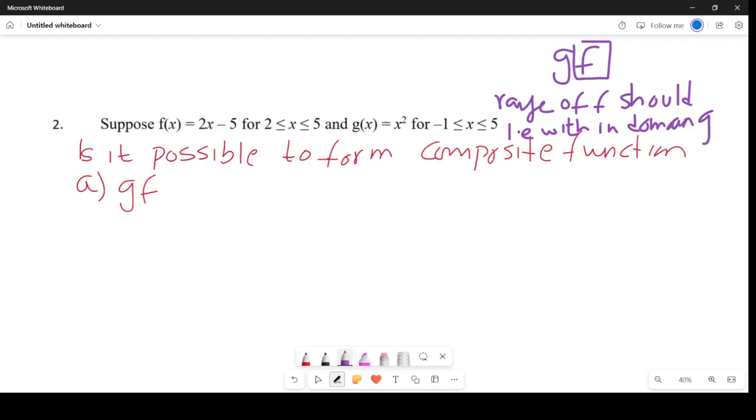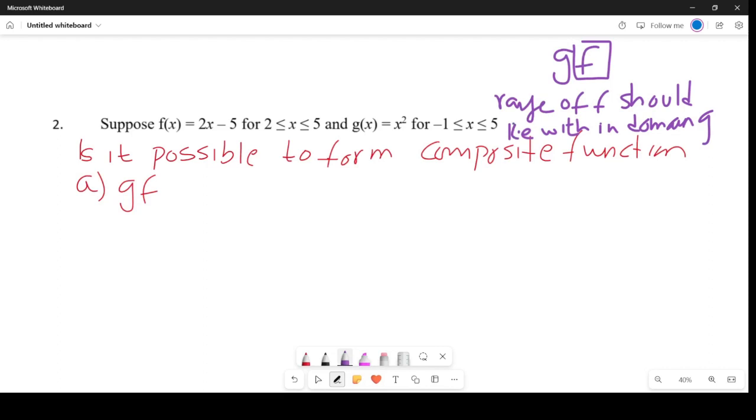You have to check if the range of the inner function, which is the function at the right, or the input function, lies within the domain of g. What do we mean by that?